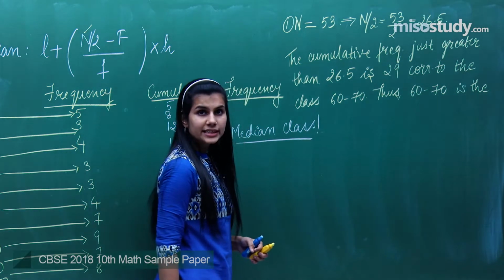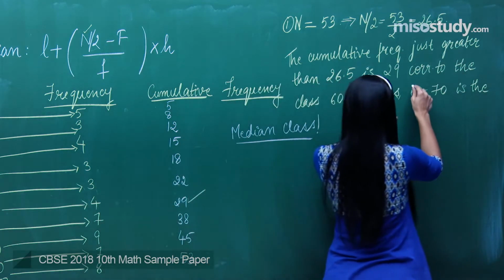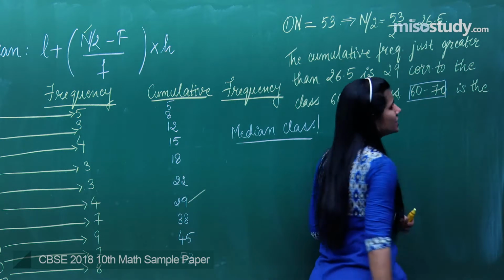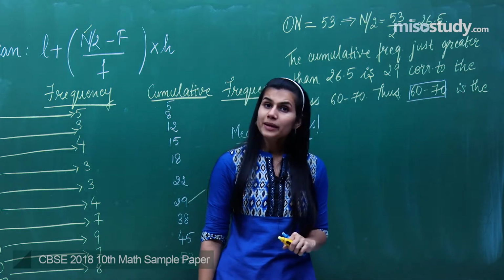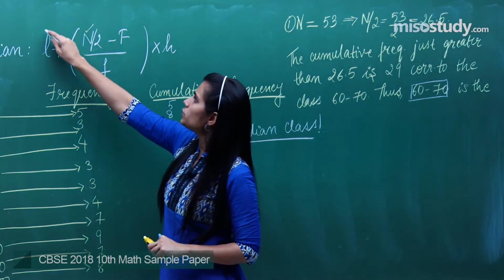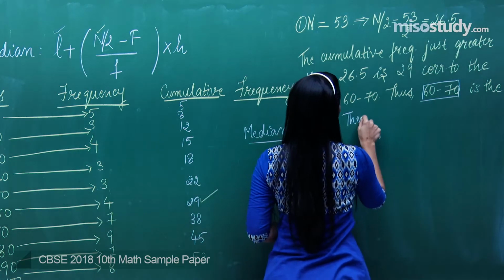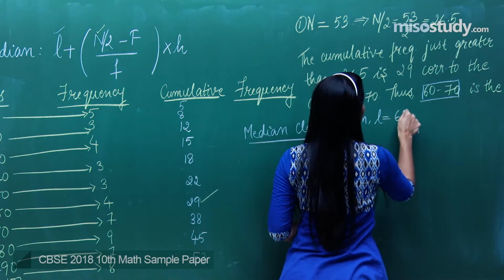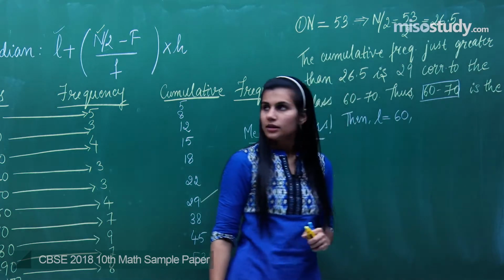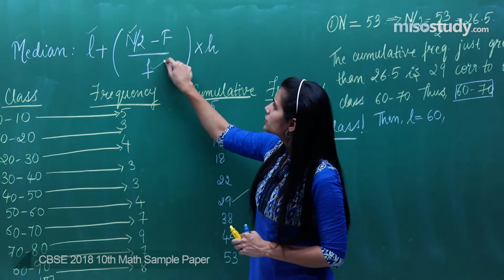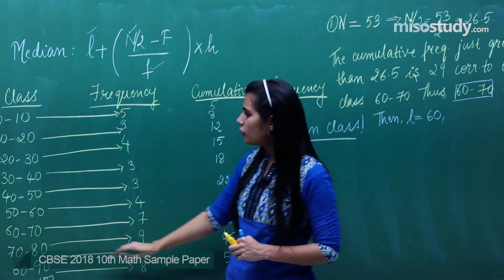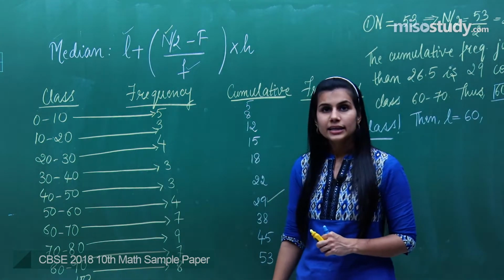You have your median class found, which is 60 to 70. The moment you have your median class, you have your small l. Your small l is the lower limit of this median class, which is 60. After that, you have your small f, which is the frequency of this median class, which is 7.